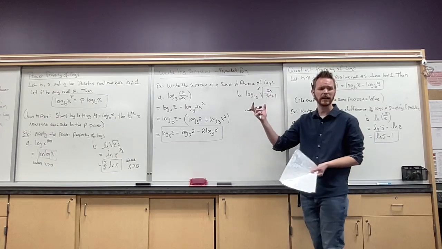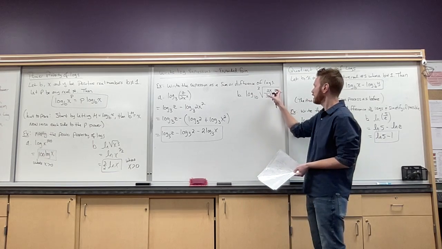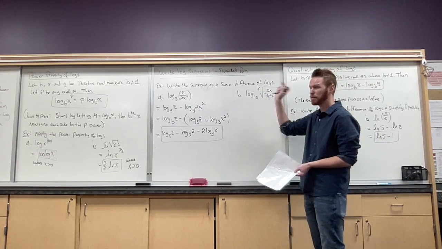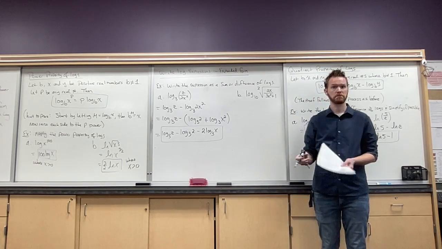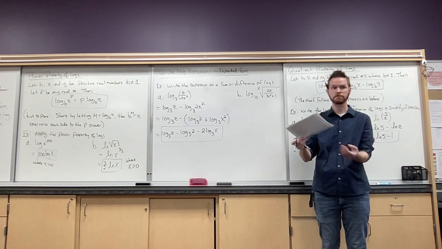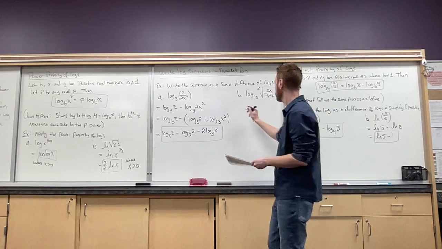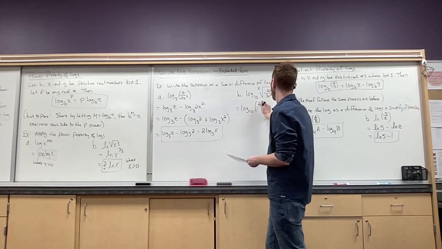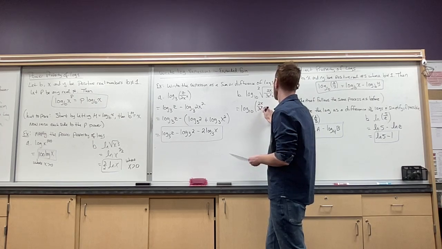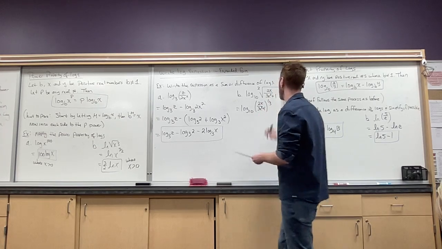Okay, now this guy. A lot going on here again, right? But notice I can't break this apart yet until that power's taken care of, right? So what's the cubic root as a power? 1/3. 1/3, right? Okay, so I'm going to rewrite this. So equals log base 10 of the quantity raised to the 1/3 power.